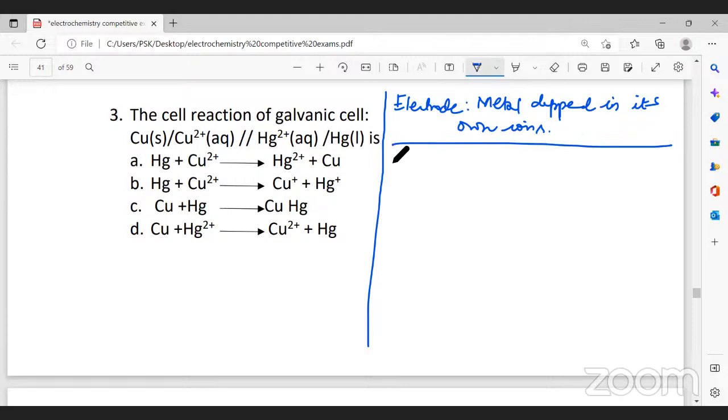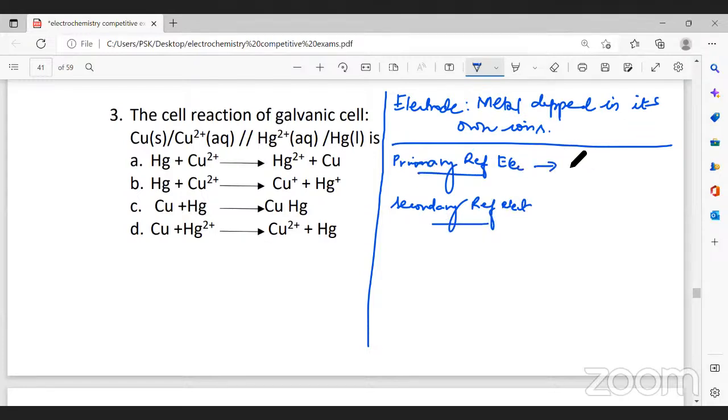Now these electrodes are of two types: primary reference electrode and secondary reference electrode. In order to measure the potential, we need a reference electrode. An example for a primary reference electrode is the hydrogen electrode.